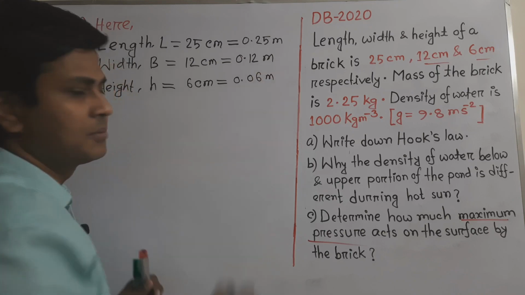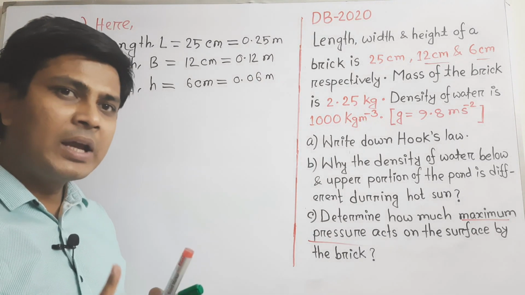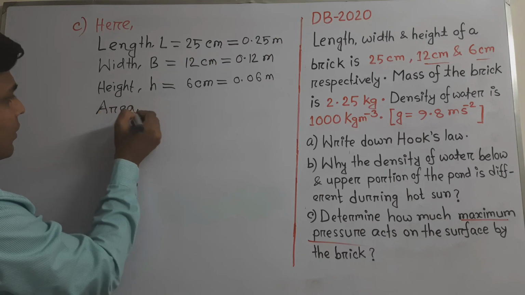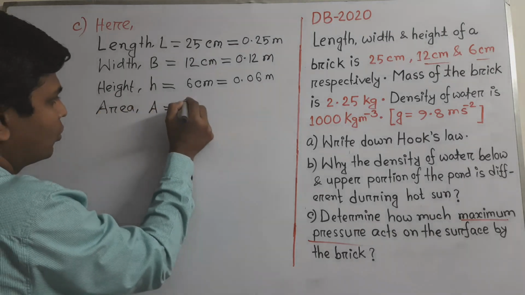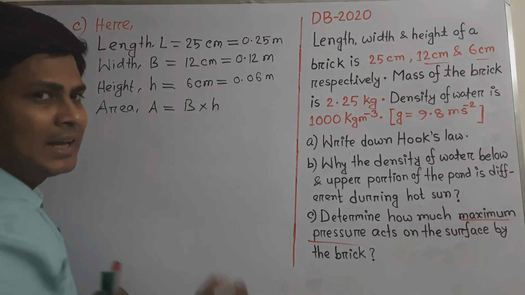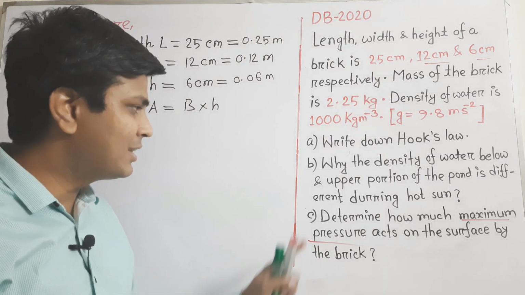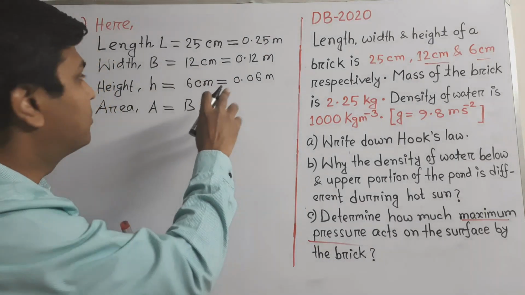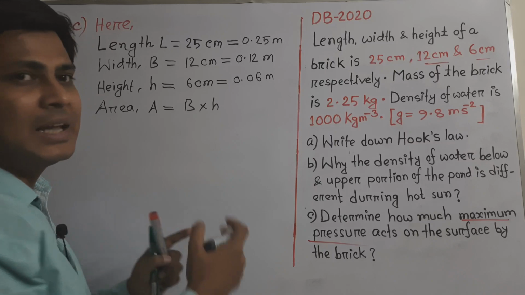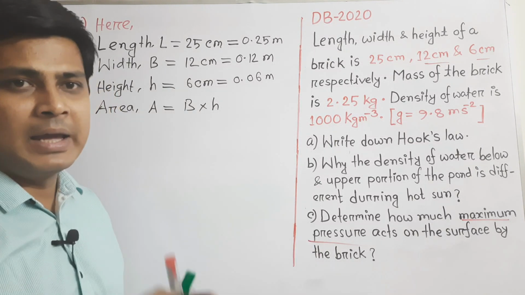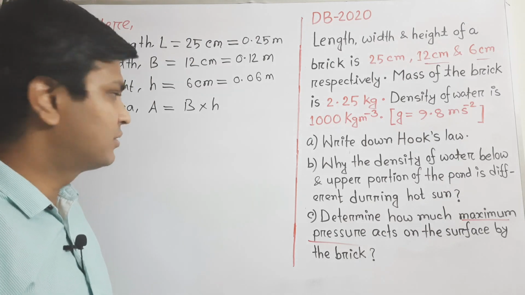Now we can calculate the area. Area A equals, we have to take breadth and height as we are going to calculate the maximum pressure, because the multiplication of breadth and height will be minimum compared to the other two dimensions.